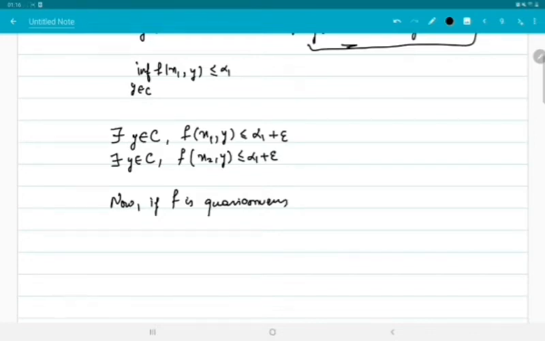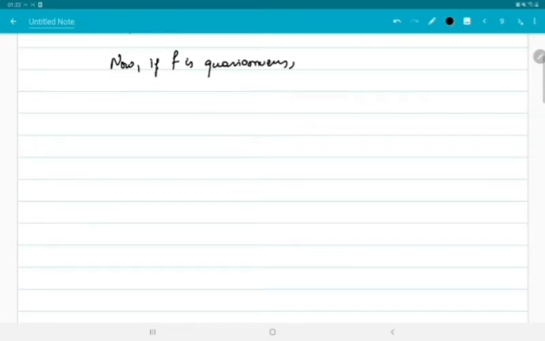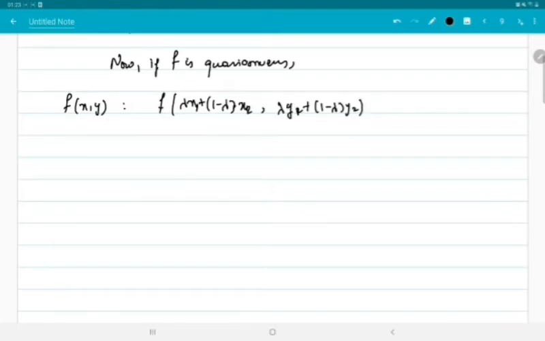This means that the alpha sublevel sets of f of x, y are convex, which means that f of lambda x1 plus 1 minus lambda x2, lambda y1 plus 1 minus lambda y2 is less than or equal to alpha.